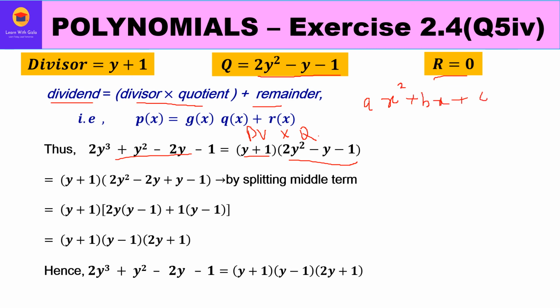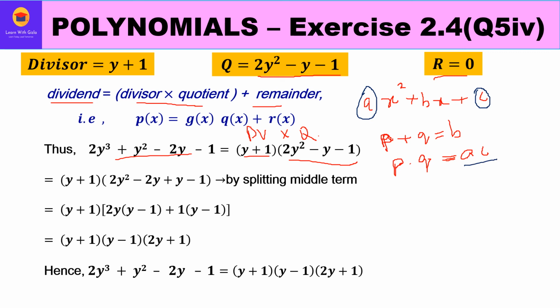So now the two numbers which you have to find, let me call them p and q, are such that p plus q should be b and the product p into q should be a into c. Here a is the coefficient of x square and c is the constant term.